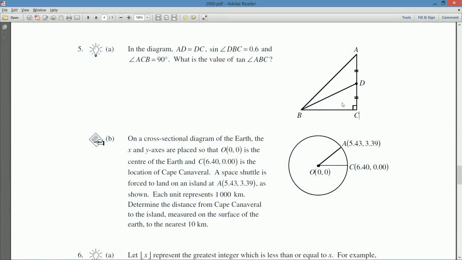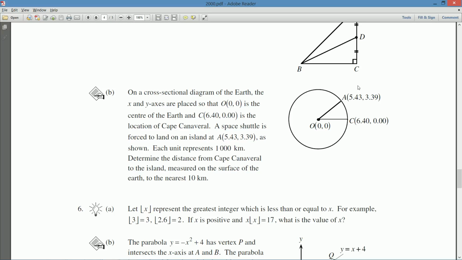Okay, how about 5b? Written style question. On a cross-sectional diagram of the Earth, the x and y axes are placed so that the origin is the center of Earth, and point C at 640,000 is the location of Cape Canaveral. Okay?